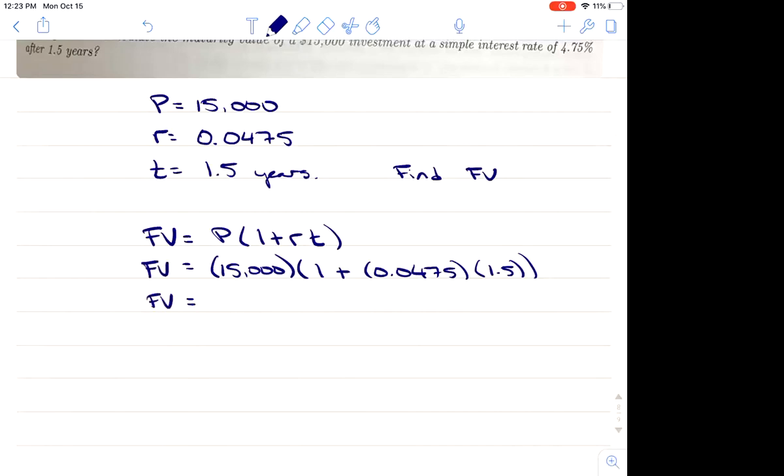So we have 0.0475 times 1.5, writing it out, showing my work, 15,000 times 1 plus 0.07125. Add 1 to that.